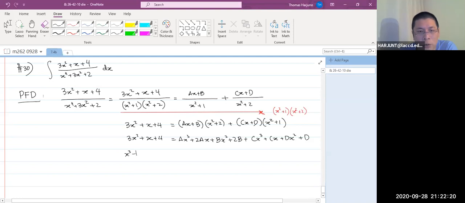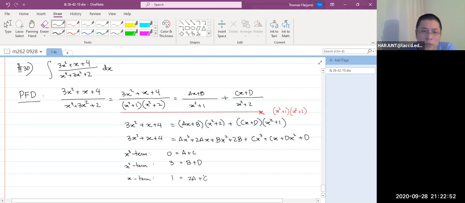For the x cubed term, on the left hand side it's 0, on the right hand side it's a plus c. For the x squared term, on the left hand side is 3, on the right hand side is b plus d. For the x term, I have 1 on the left hand side, that's 2a plus c.